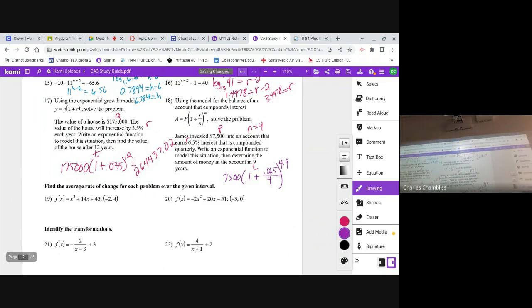Okay. Read through the question, identify what's what, write it in the formula, and then we're ready for the calculator.